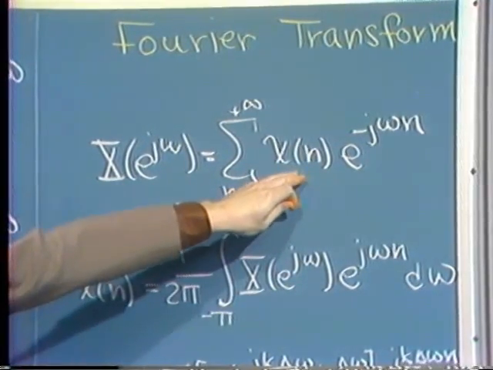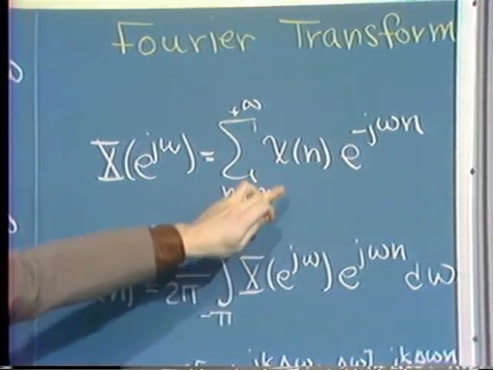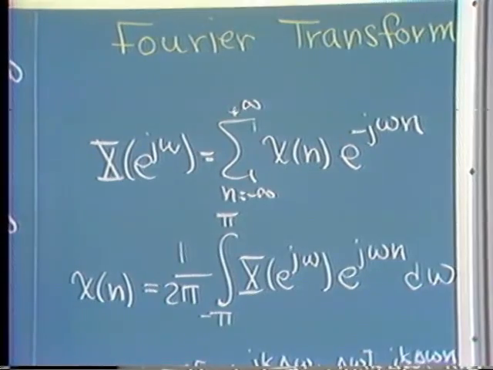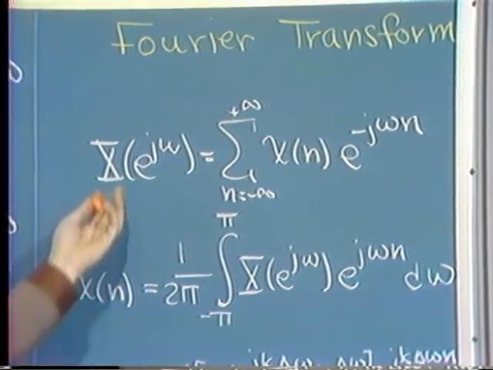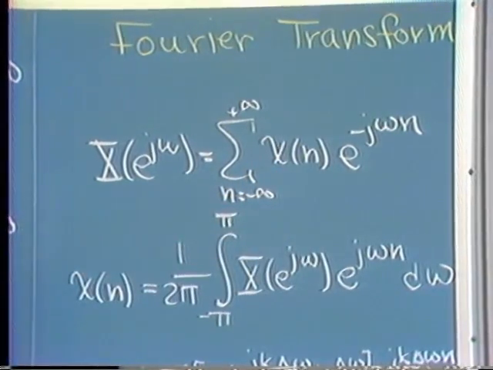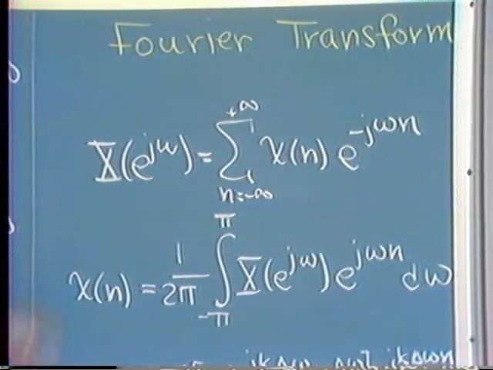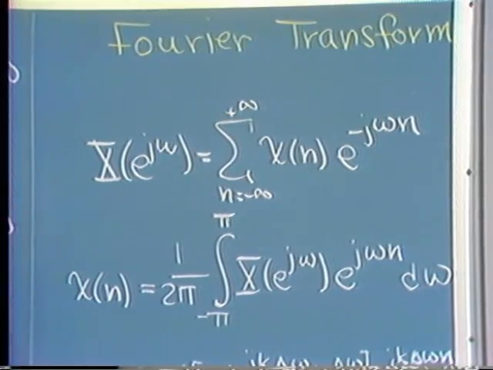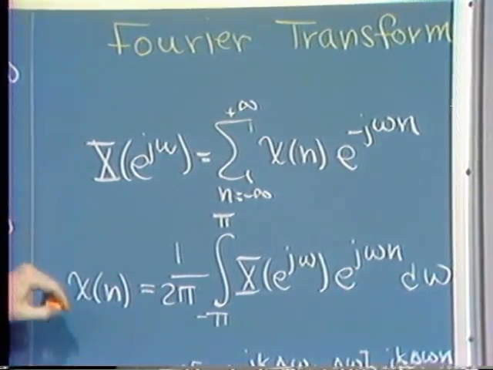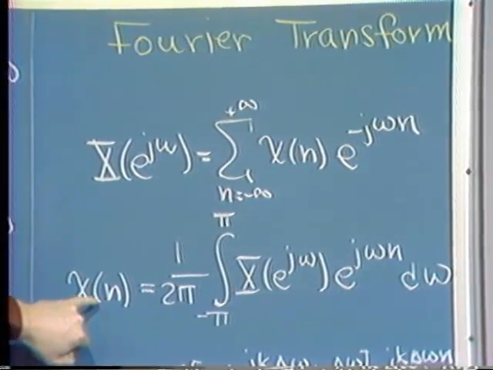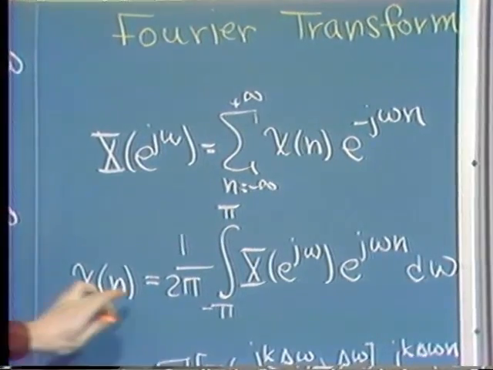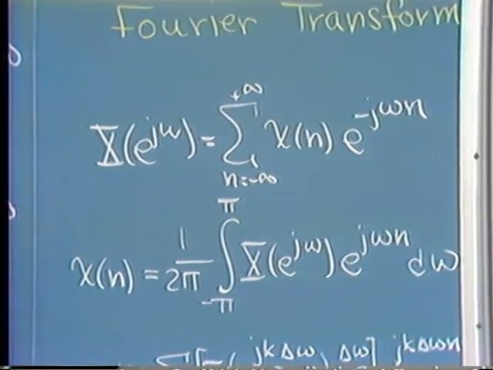The Fourier transform, x of e to the j omega, of a sequence x of n is essentially the frequency response of a system whose unit sample response would be x of n. So then obviously from what we just finished discussing, we have an inverse relationship that tells us what x of n is in terms of x of e to the j omega. And that then is this relationship.